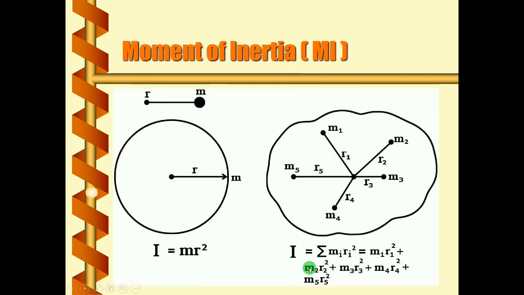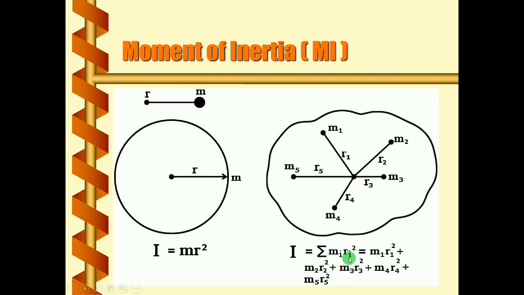This is the formula for the moment of inertia of a rigid body having n particles. If we consider a single point mass at a distance r from the axis of rotation, I equals mr square. For a rigid body having n particles, it is summation mi ri square.